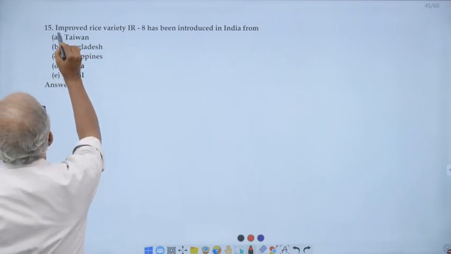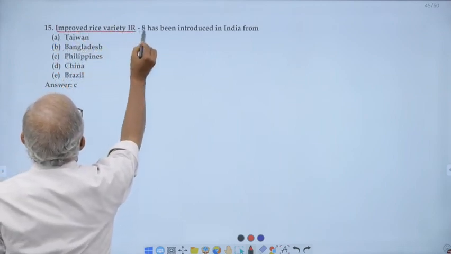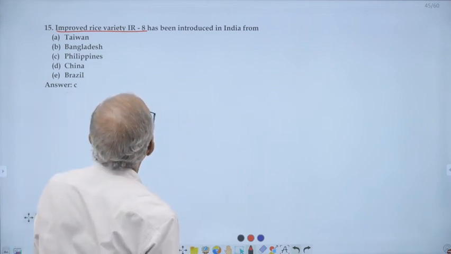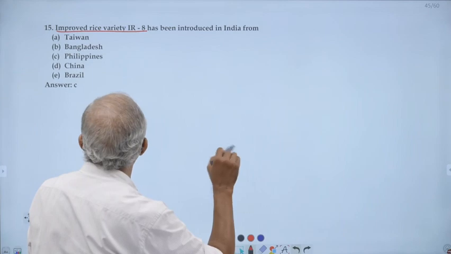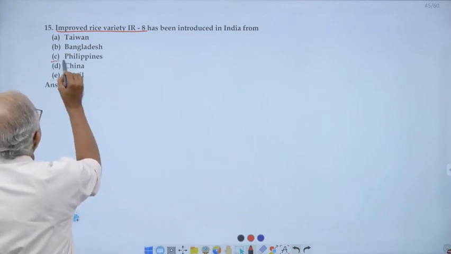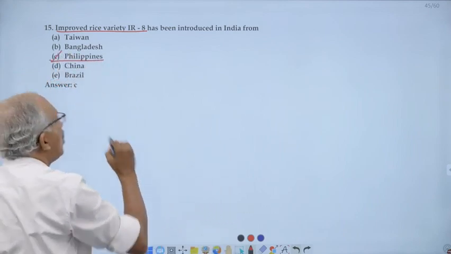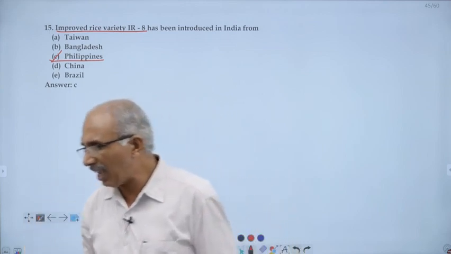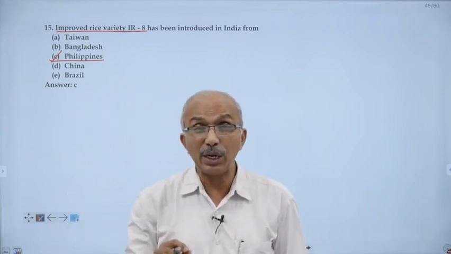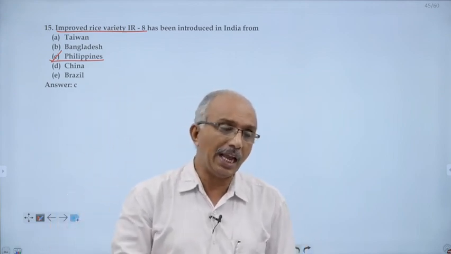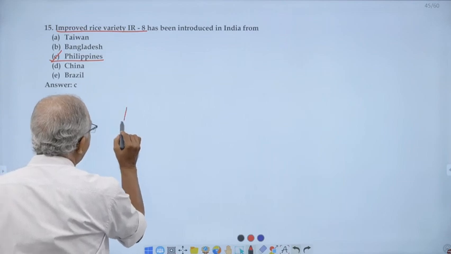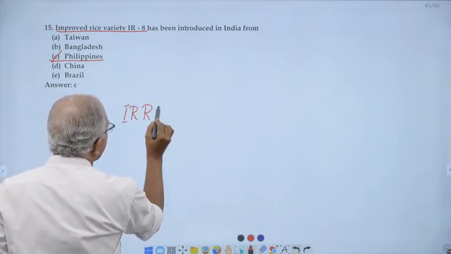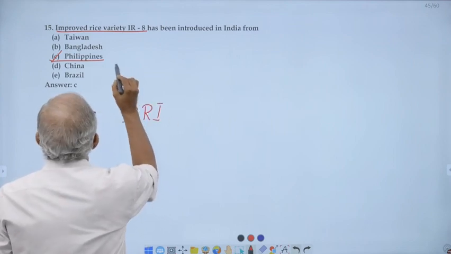Improved rice variety IR8 has been introduced in India from? It is introduced in India from the Philippines. Why? IR8 was developed in the International Rice Research Institute.